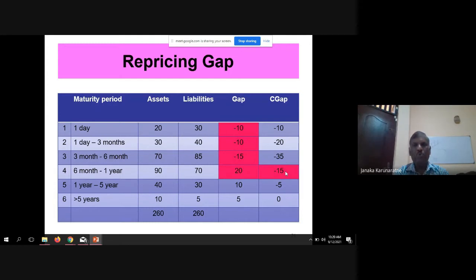So if you want to estimate the 1 year impact on your net interest income due to whatever interest rate increase or decrease, you can use the repricing gap formula.